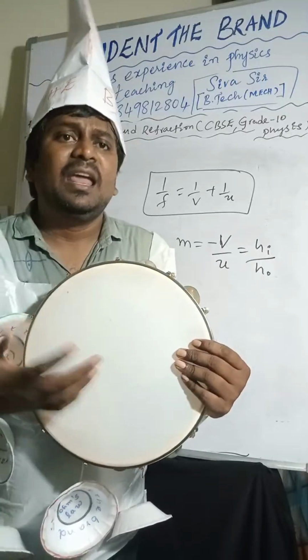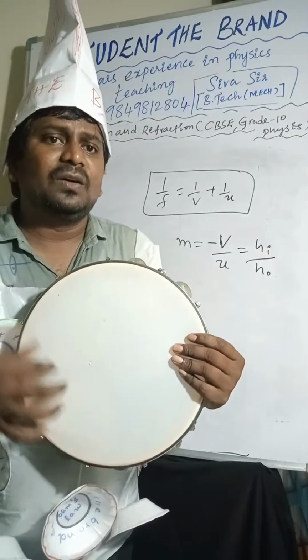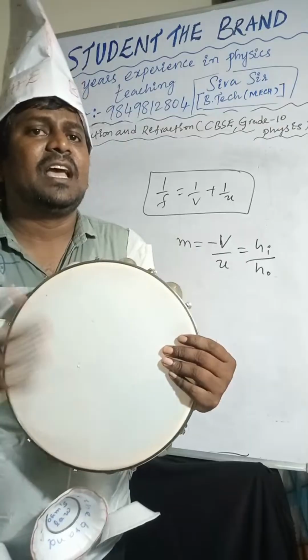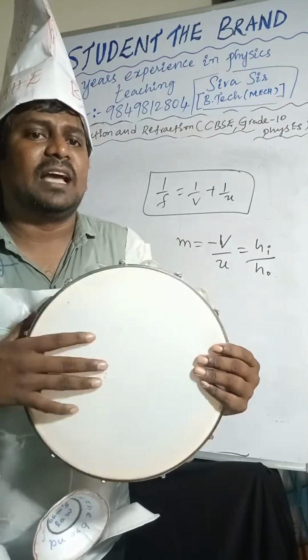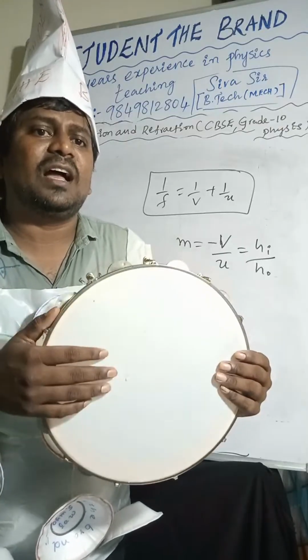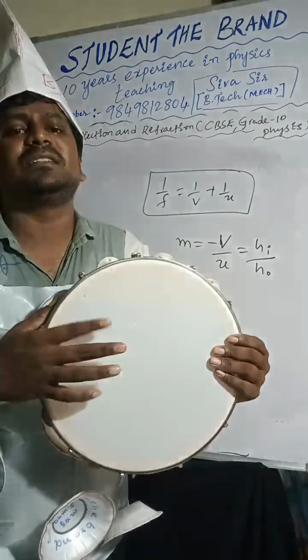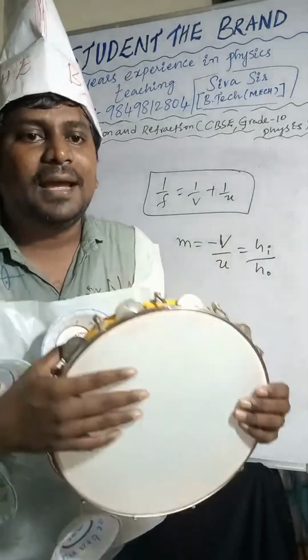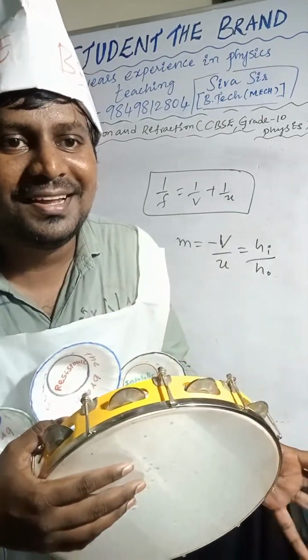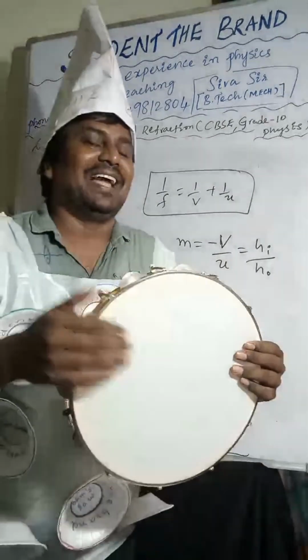Distances negative below the principal axis. New Cartesian sign convention. All distances measured from the pole.